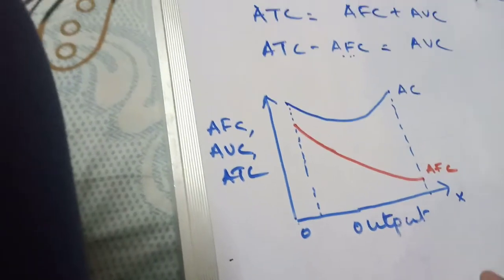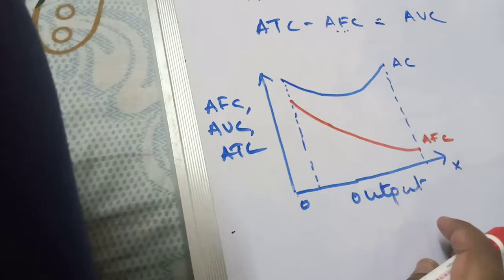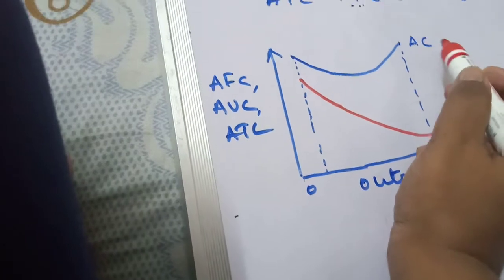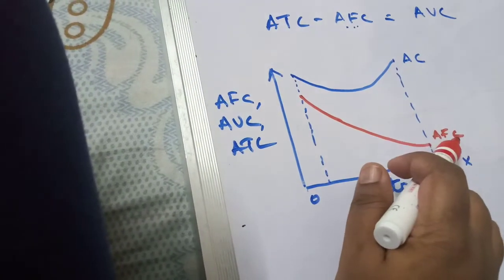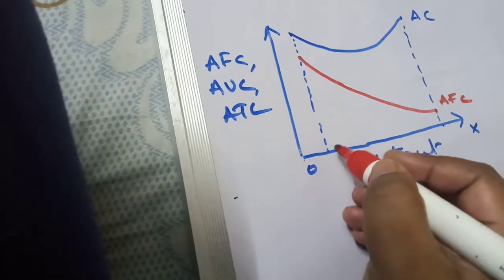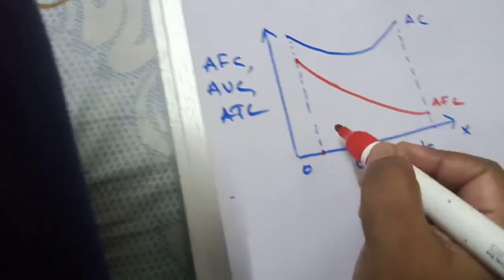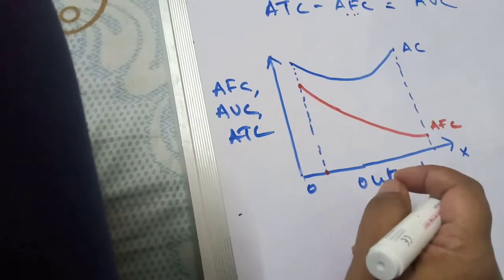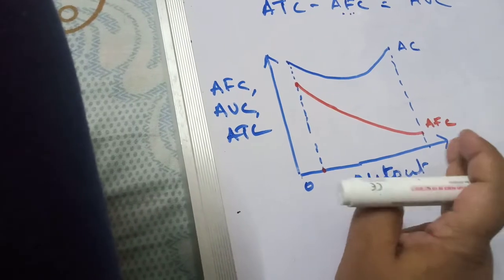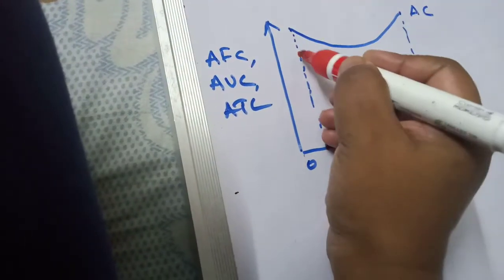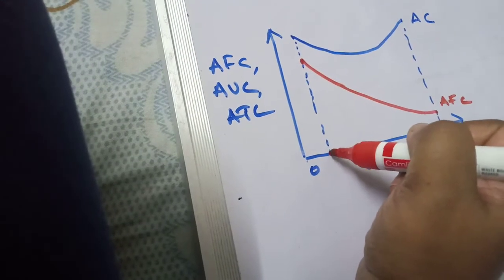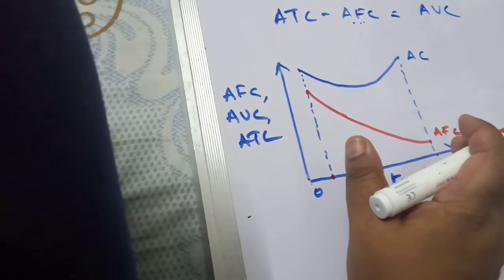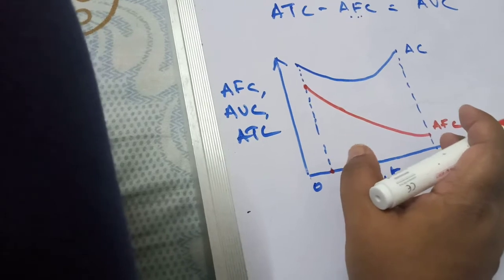But now when you make your average variable cost, then you have to follow certain rules. You know that the distance between AC and AVC is your AFC. So you measure the distance of your AFC at each level. When you make AC and AVC, the distance between AC and AVC should be AFC. But in the diagram we're going to see only the initial and the last parts, because it's practically impossible to be perfect in making this AVC at all levels of output.